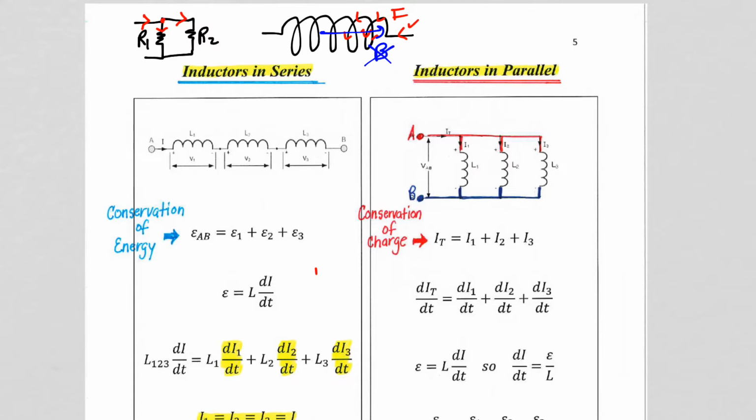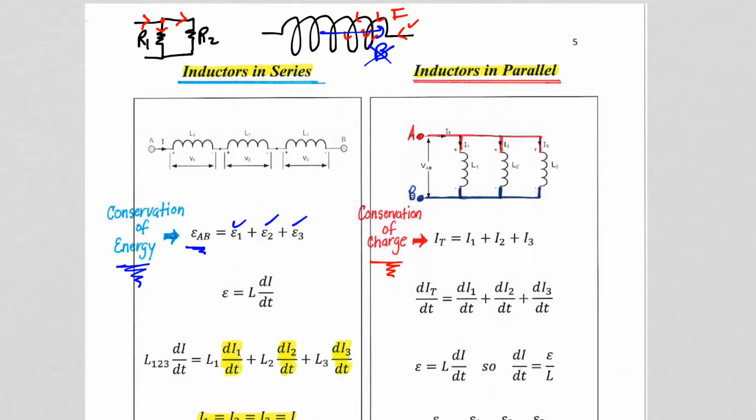Conservation of charge over here for the parallel case, and conservation of energy over here for the series case never changes. So when devices, whether it's an inductor, resistor, or any device, are connected in series, the sum of the voltage drops across device 1, device 2, device 3 equals the total voltage drop across the connection.